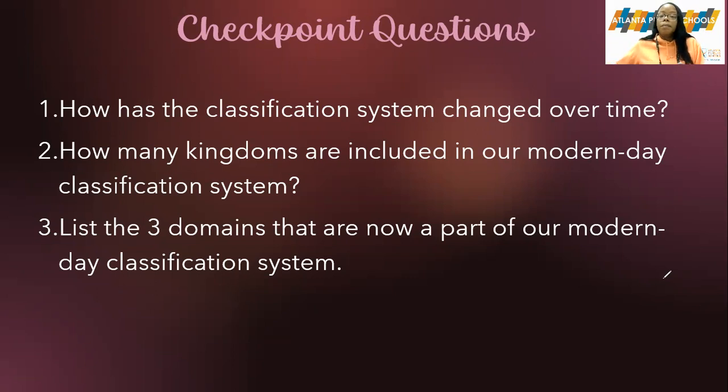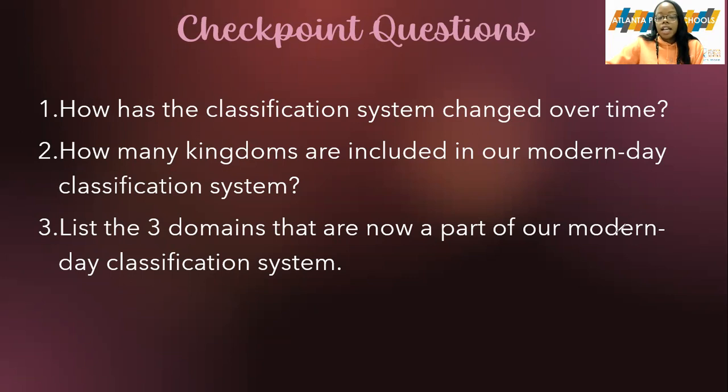Now, number 2, how many kingdoms are included in our modern day classification system? Again, remember I pointed out that I noticed quite a few of you were getting either the kingdoms mixed up with the domains or vice versa. And so I wanted you to have it written in your notebook or stated somewhere clearly, that way you can refer back to what the kingdoms are.